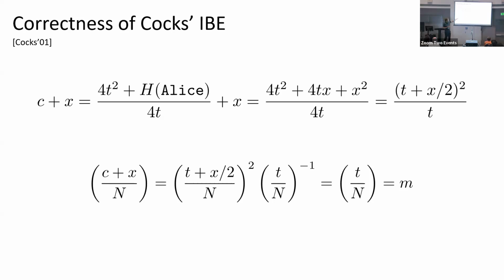Now when we compute the Jacobi symbol of c plus x mod n, the Jacobi symbol is homomorphic, so we can take all of the factors of c plus x. The t plus x over 2 comes out as one factor, and there are two of those factors. Then there's a t that also comes out. The Jacobi symbol maps to -1, 1, so everything squared becomes 1. So this term goes away, and taking the inverse, we get the message.